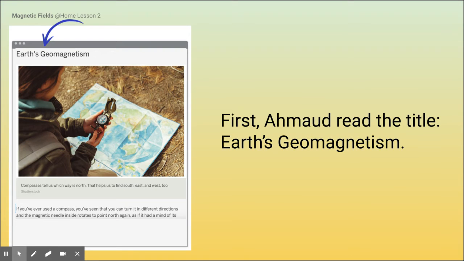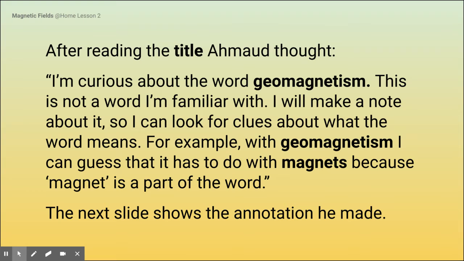So, okay, first, Amund read the title, Earth's Geomagnetism. Well, it's very explanatory. After reading the title, Amund thought, I'm curious what the word geomagnetism means. This is not a word I'm familiar with. I will make a note about it so I can look for clues about what the word means.